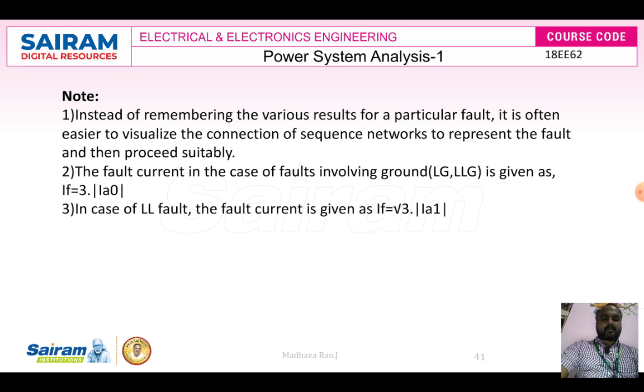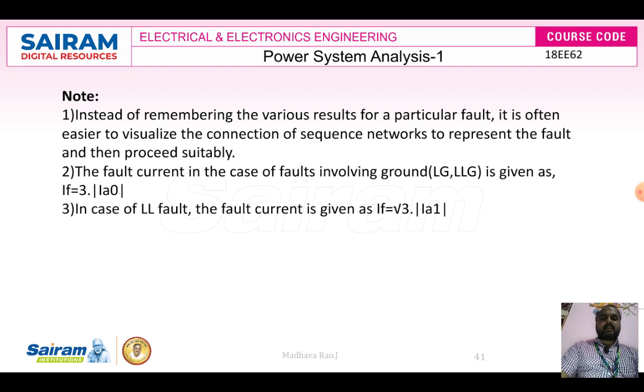So here we have a note. Instead of remembering various results for a particular fault, it is often easier to visualize the connections of sequence networks to represent the fault and then proceed suitably. Remembering various results is very difficult. If you remember the sequence networks, you can find the fault current suitably.